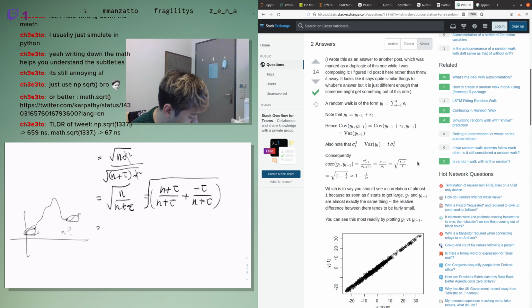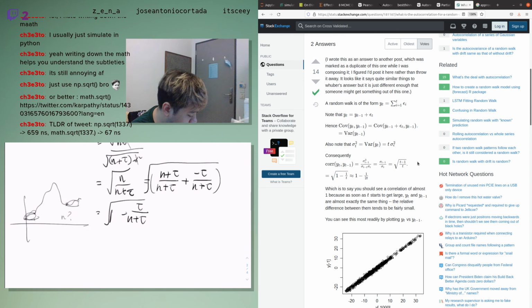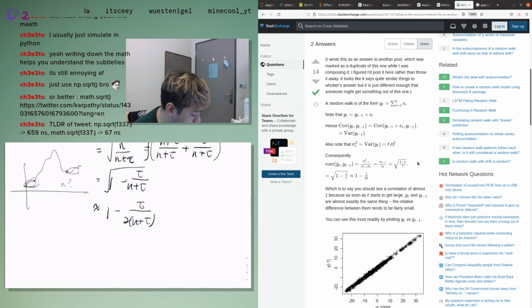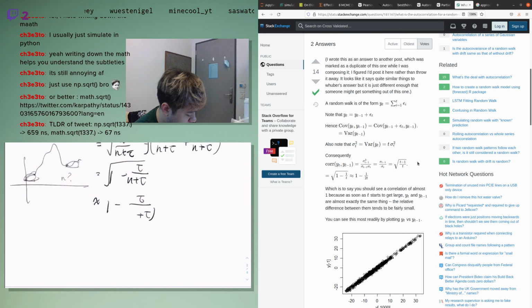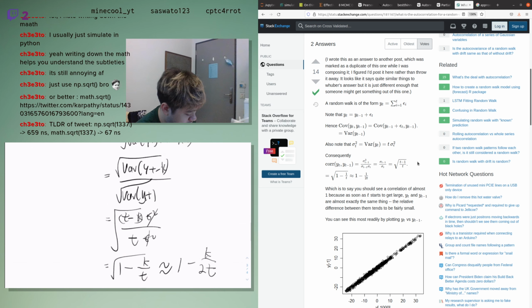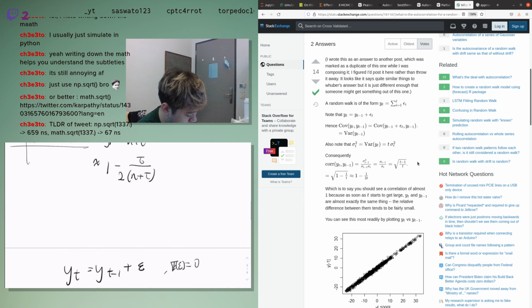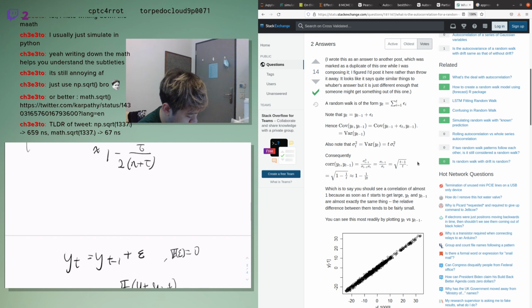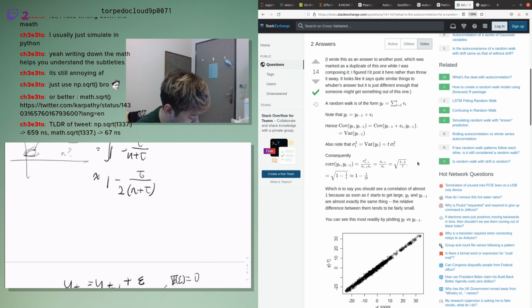I can expand this like this, and then I can get this. Then I can approximate this by 1 minus 2, like this. Does this look like what I have here? It's similar. See if we can simplify this a bit further.